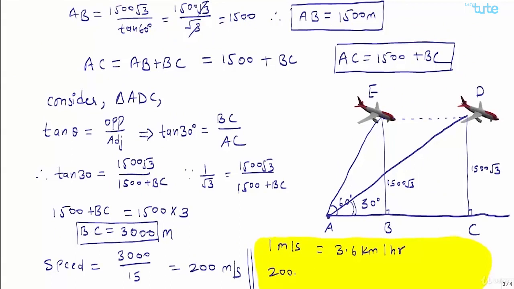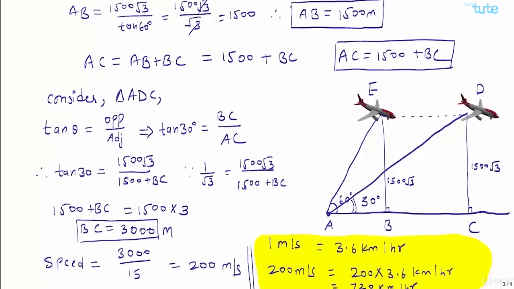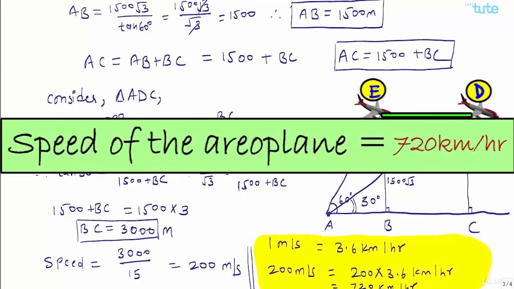Therefore, 200 meters per second will be equal to 200 into 3.6 kilometers per hour, which is equal to 720 kilometers per hour. And therefore, the speed of the plane when displaced from point E to point D in 15 seconds is equal to 720 kilometers per hour.